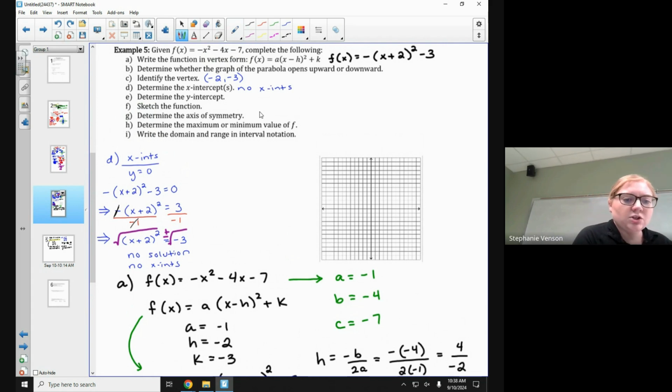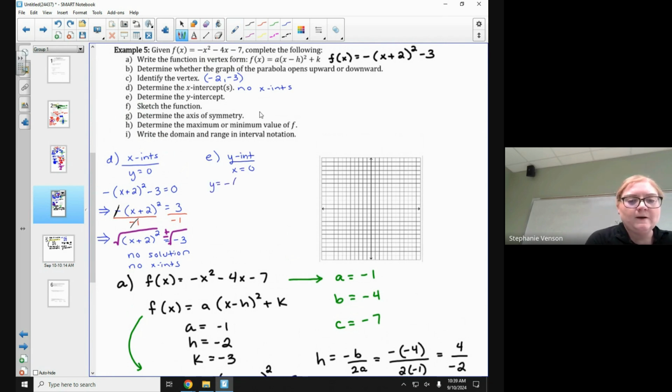Okay. So now we're moving on to E, which asks us to find the y-intercept. And we know that that's where we let x equals 0. Okay, so let's see. You can plug it back into either. I guess we'll keep the same this time and plug it back into the vertex form.